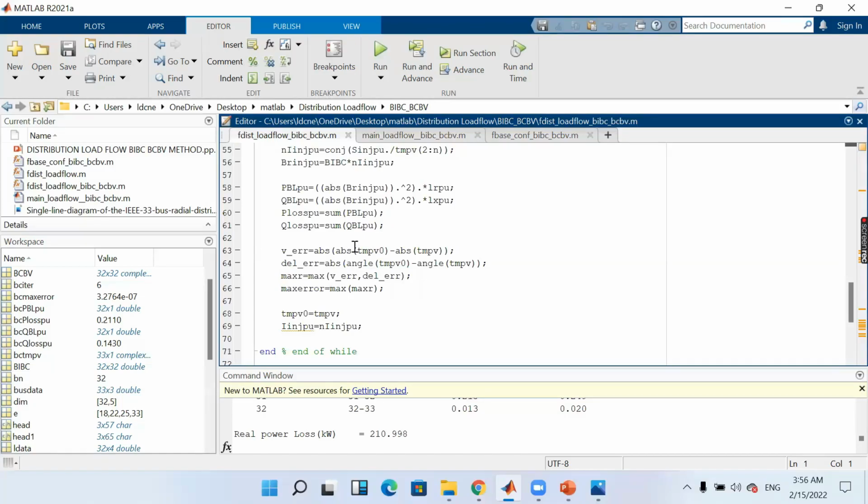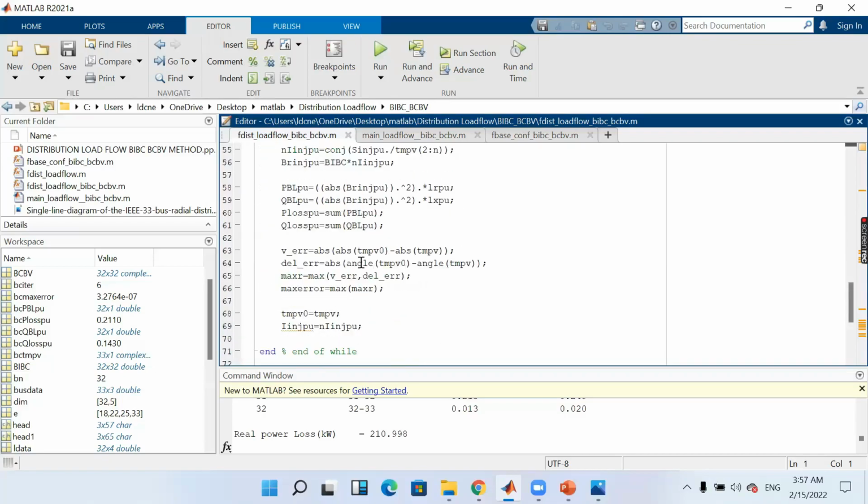By using the function angle, we have calculated the error in voltage angle. And we have calculated the maximum of those two errors, which is the max error. And we have updated the bus voltages and current injections.